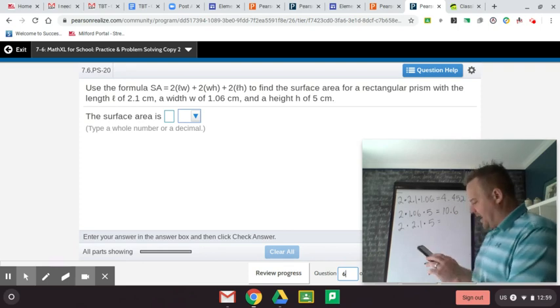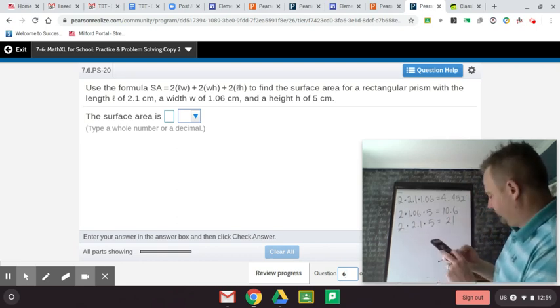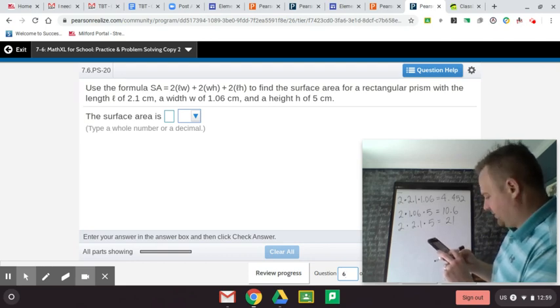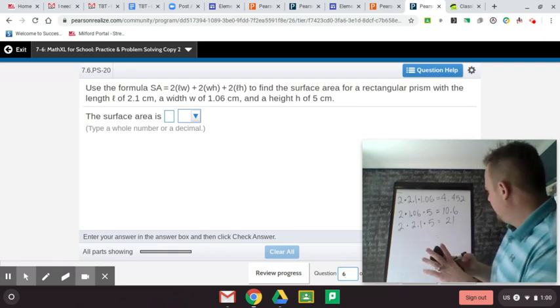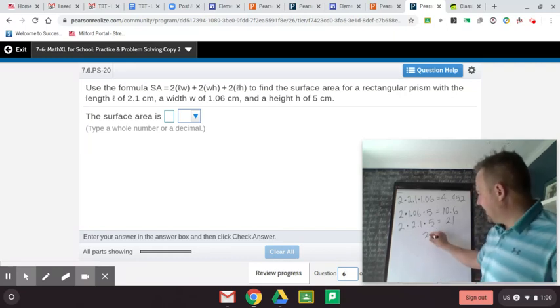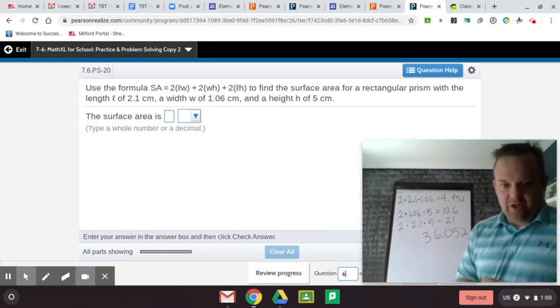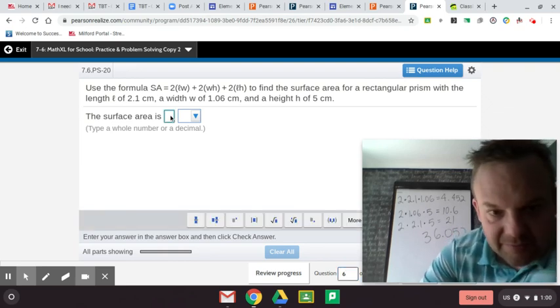And next we have 2 times 2.1 times 5, and that's 21. And we add all those up. 4.452 plus 10.6 plus 21. And we have 36. So my answer was 36 and 52 thousandths. Tenths, hundredths, thousandths. So let's see if that's right.